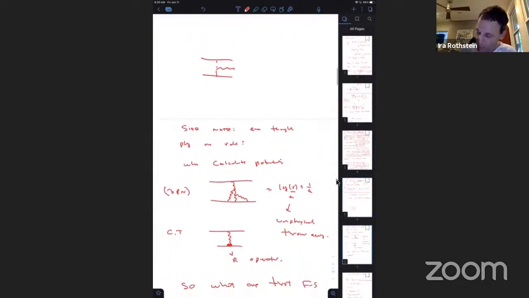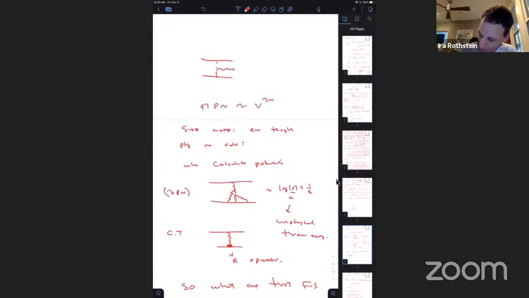If you remember, NPN goes like v to the 2N. So if you go to 3PN, which is v to the 6, you end up with diagrams that look like this, and similar diagrams that look like this.